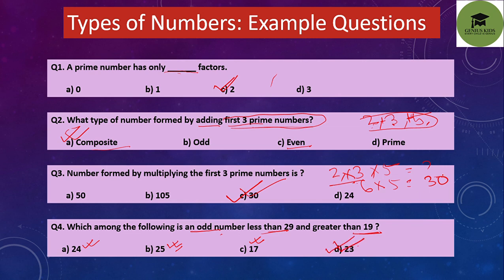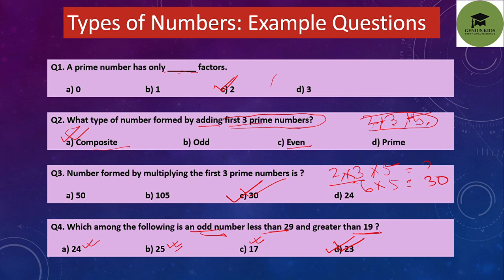The answer is 23. So when you get this type of question with an odd number, you need to check whether it is odd and composite or not. When the question asks for an odd number, it will be a pure odd number. It should not be odd plus composite. 25 is odd, but it is composite also, so we are not taking 25.